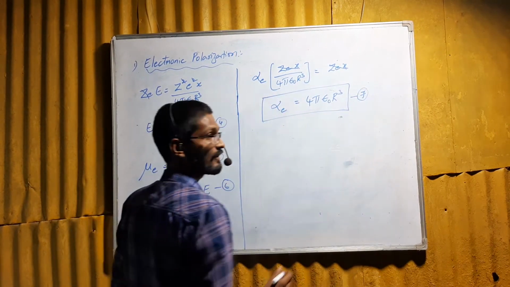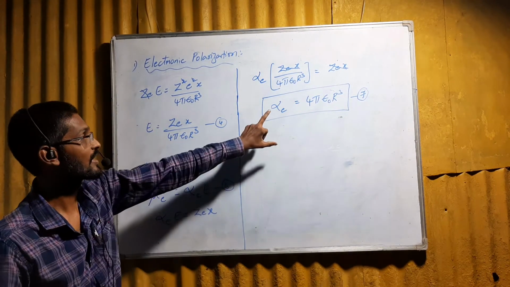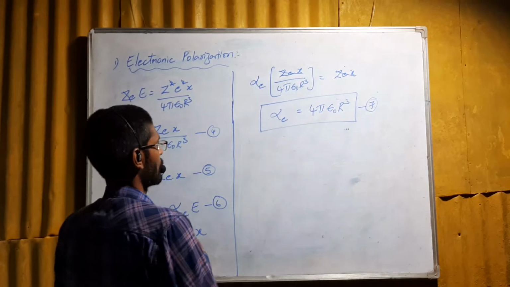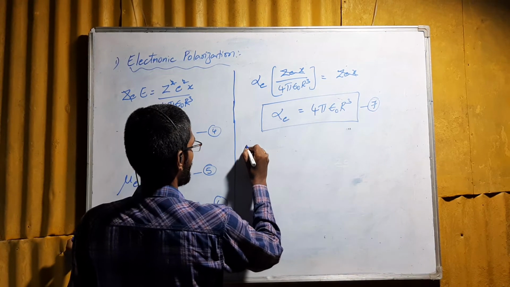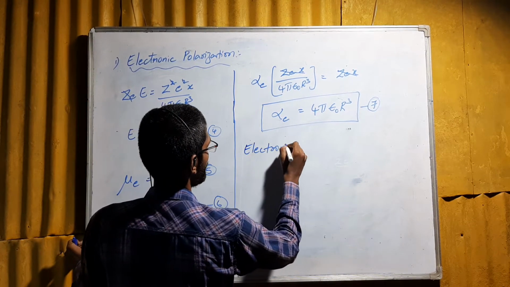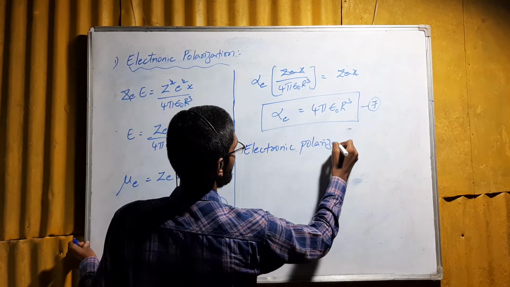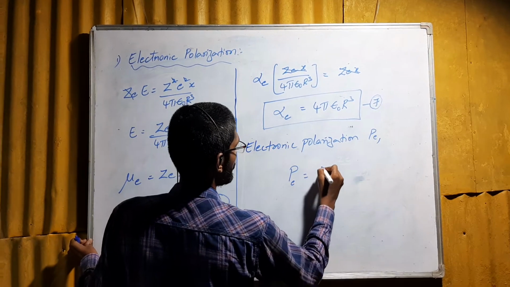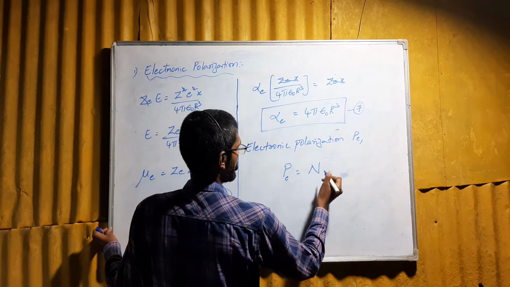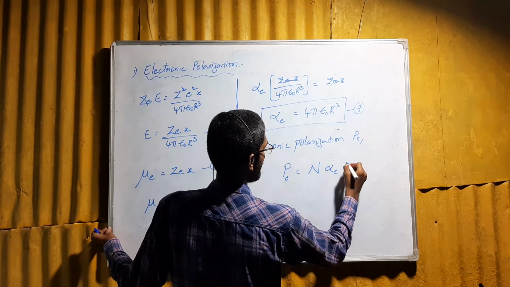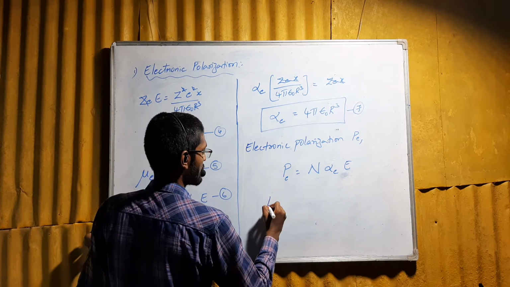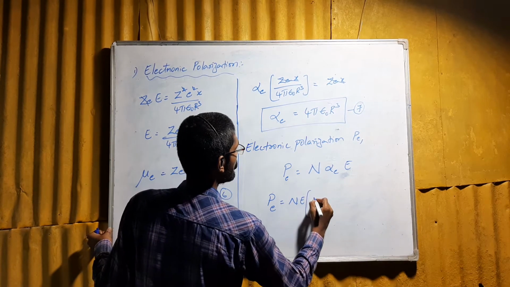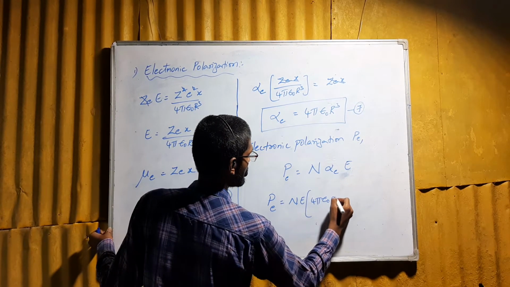Okay, so equation 7 represents the electronic polarizability produced in the material due to applied electric field. Electronic polarization PE can be given as N, the number of atoms, times the electronic polarizability and the electric field. So electronic polarization PE is equal to N alpha E capital E, which is N capital E into 4 pi epsilon naught r cube.